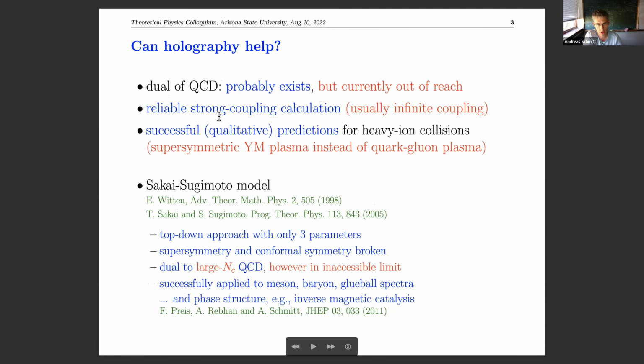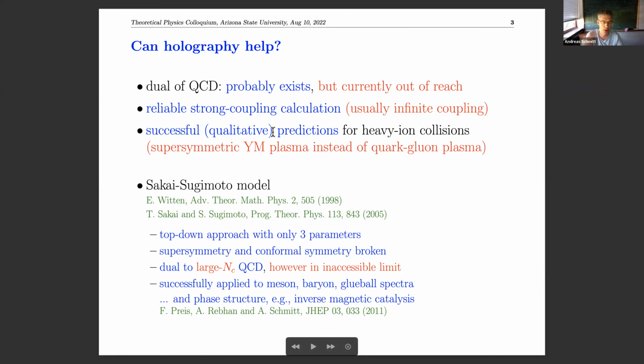So the problem is we have to use some other theory. We are in the wrong theory, but we are in the strong coupling regime. That's the good thing, which is difficult in QCD. So we have a reliable strong coupling calculation. I should specify that's usually at infinite coupling. And it has been used, I'm sure most of you have heard about this, in several contexts, for example, heavy ion collisions, where some successful predictions have been made, maybe if only qualitative.